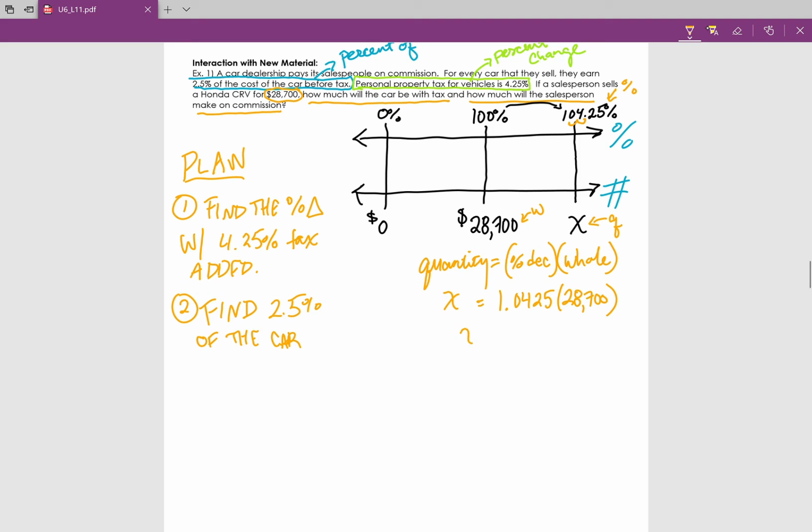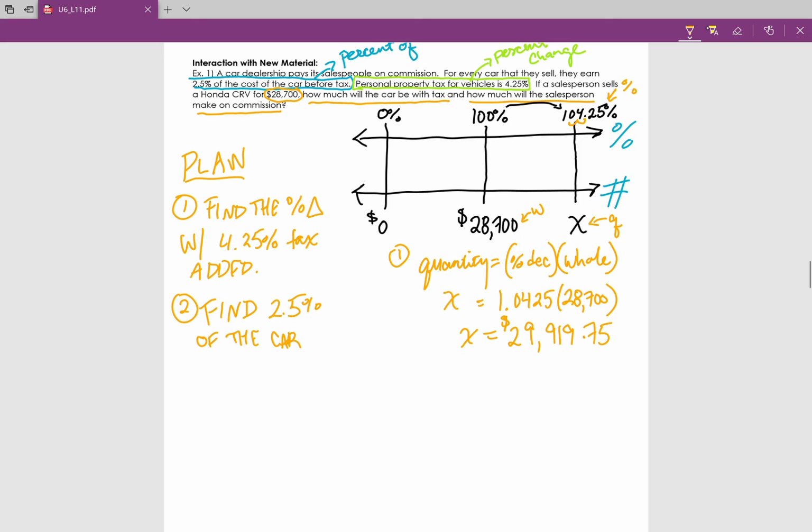And unfortunately, I don't know that right off the top of my head. Hopefully one day you are better at math than I am and you will know it off the top of your head. My calculator says that it's $29,919.75. So that's how much the car will be with tax. That's step 1.